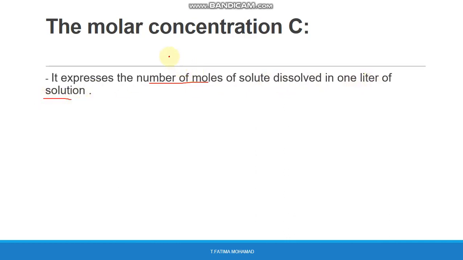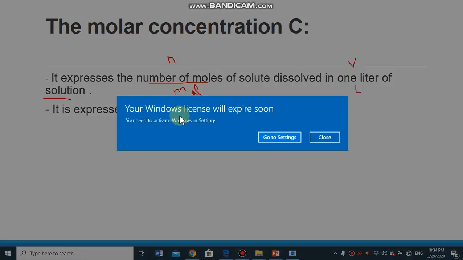So the number of moles is n, and the unit is mole. The volume is in liters, so it is expressed in mole per liter, or mol L^-1.